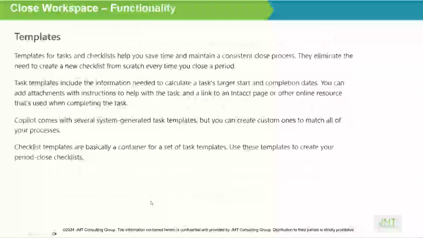And then let's go on. There are also templates for tasks and checklists that are included with Copilot. Copilot comes with several system-generated task templates, but you can also create custom ones for your own processes. And the checklist template is nothing fancy.